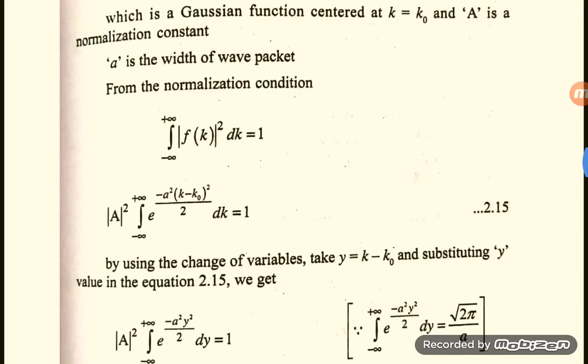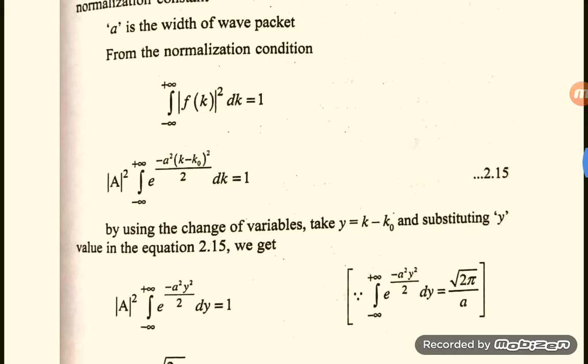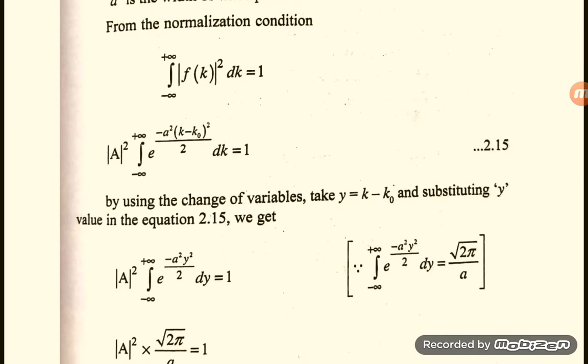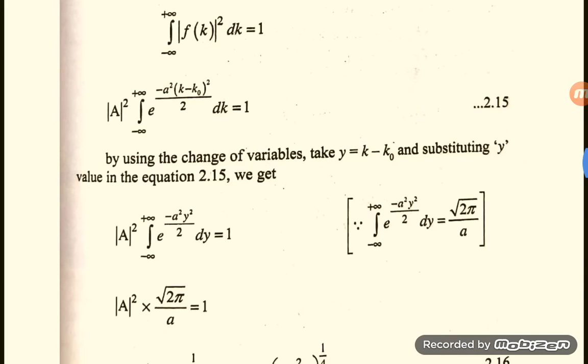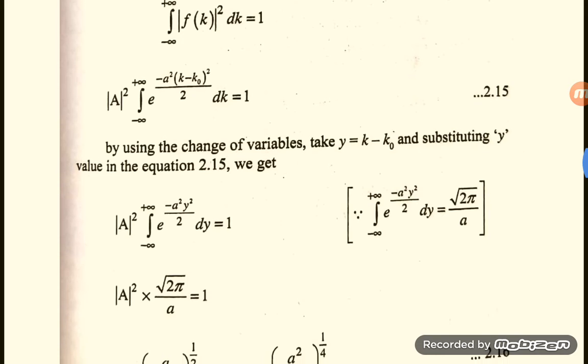By using a change of variables, take y equals k minus k naught. By substituting the y value in the above equation, we have mod A square integral from minus infinity to plus infinity of e power minus a square y square by 2 dy equals 1. Here dk is replaced by dy.